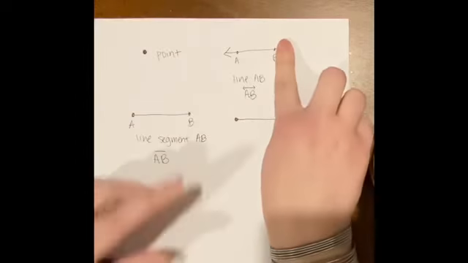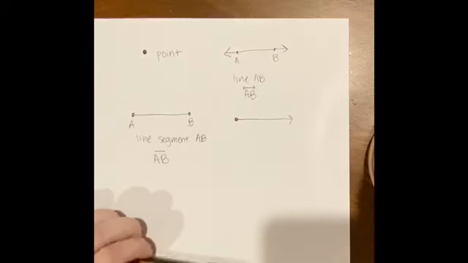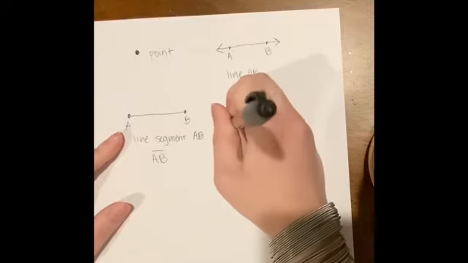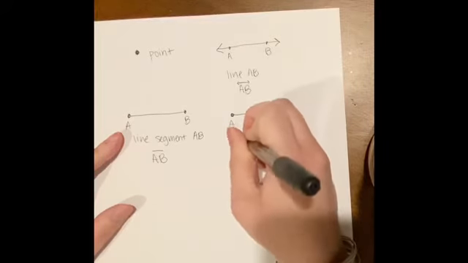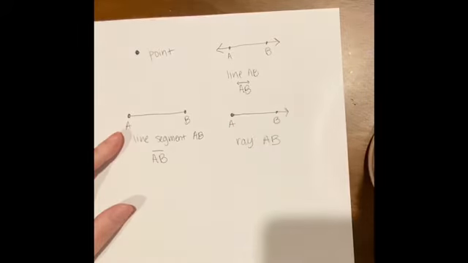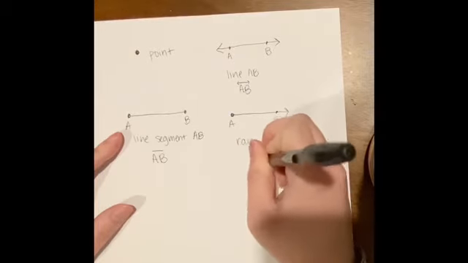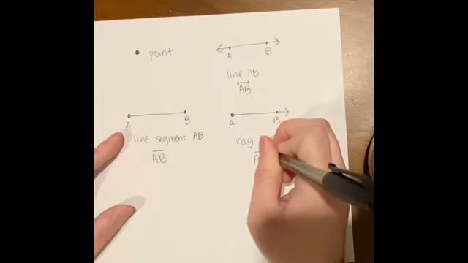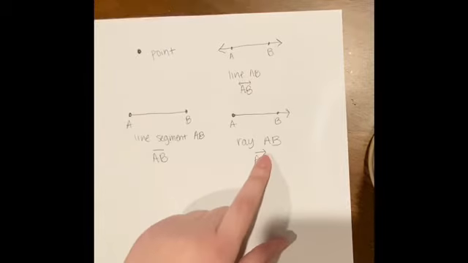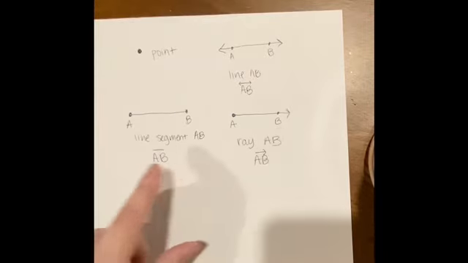Or we could do from point B, whatever. So this would be ray AB, or you could say AB and then put a ray above it. So only one side has the arrow.